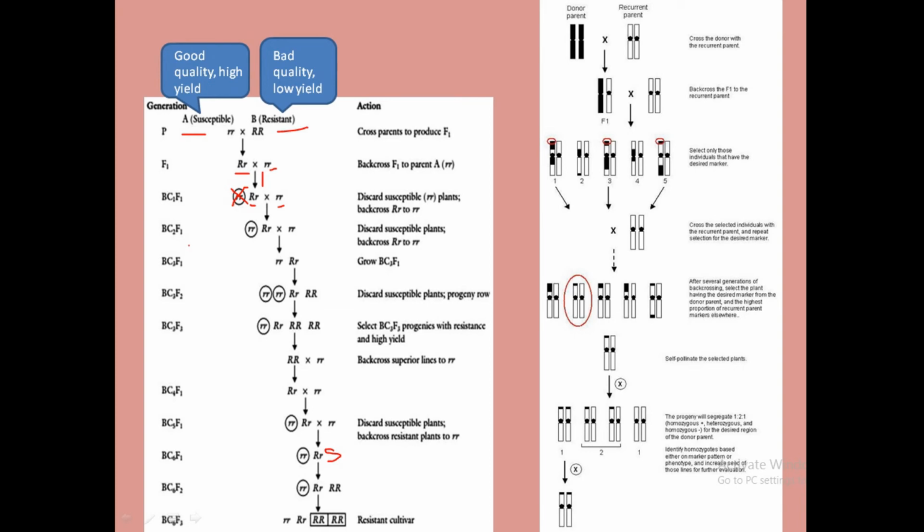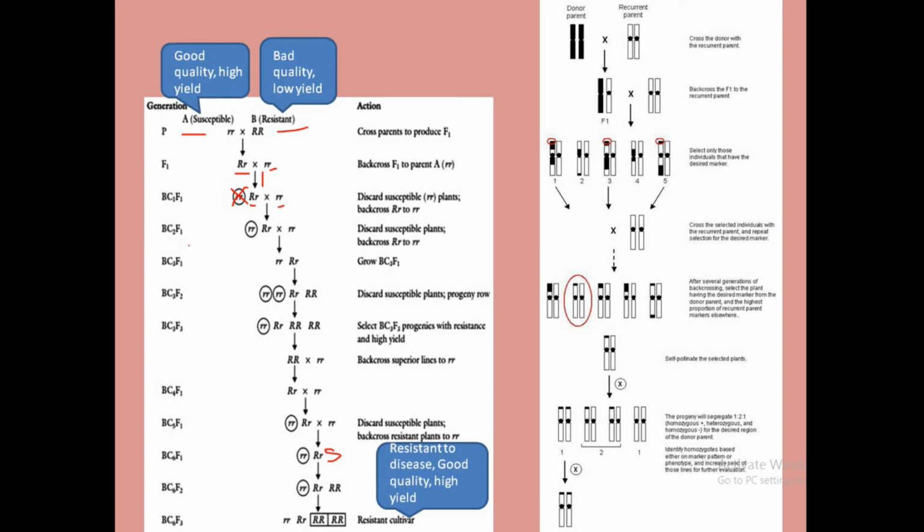Then we will reject again the small r, then we will do selfing again, then we will get capital R. So we will get a resistant cultivar with good quality and high yield. It will have every character that is present in variety A, except that it is now resistant to a disease, and earlier it was susceptible to that disease.